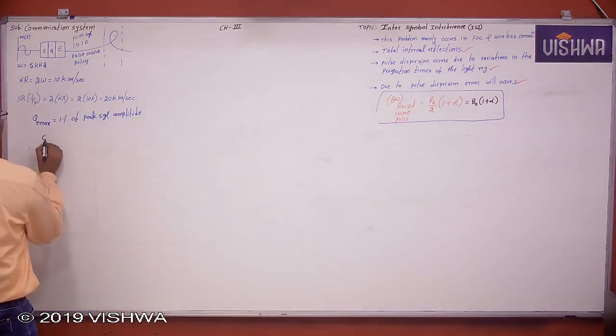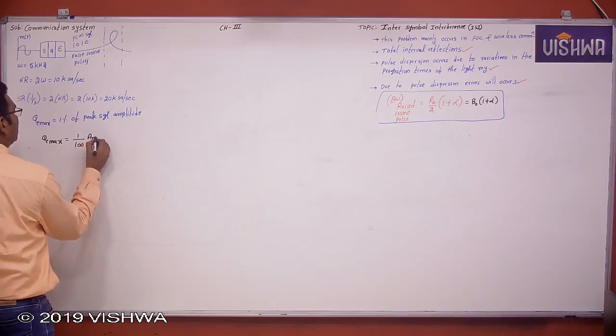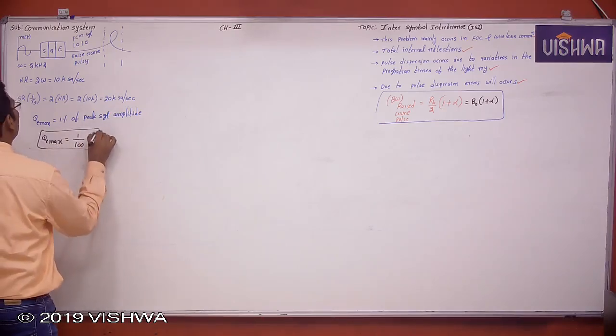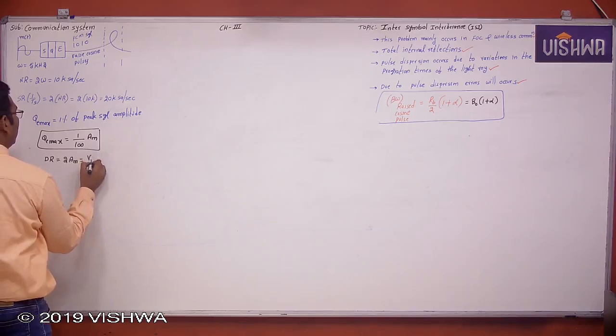So you know that the maximum quantization error, which is 1% of peak signal amplitude, is Am. But you know that the dynamic range is practically 2 Am, because the dynamic range is nothing but V peak to peak.